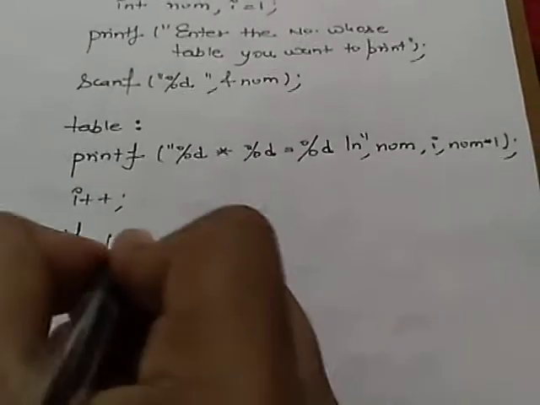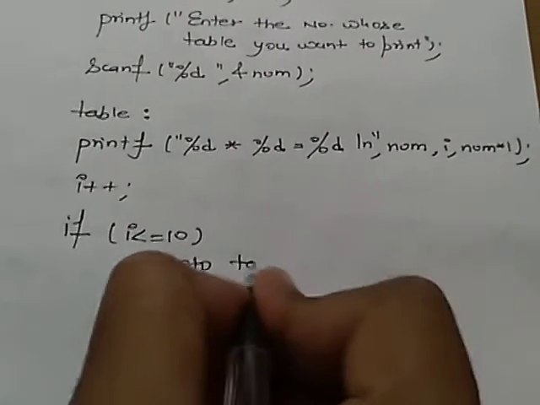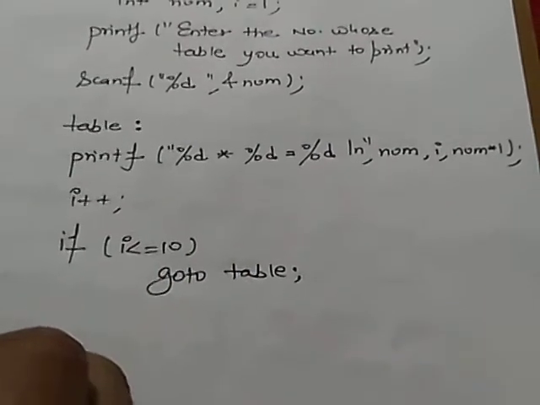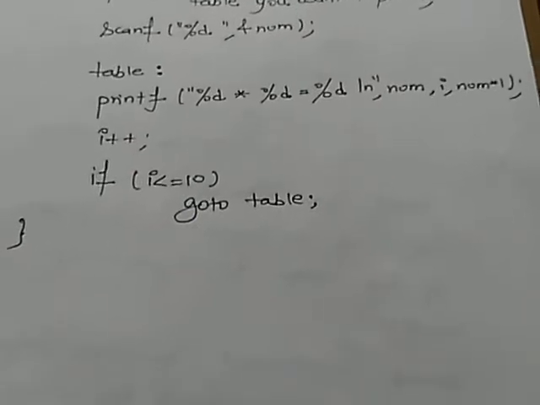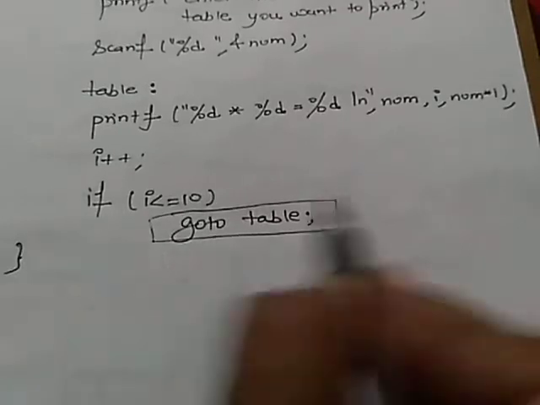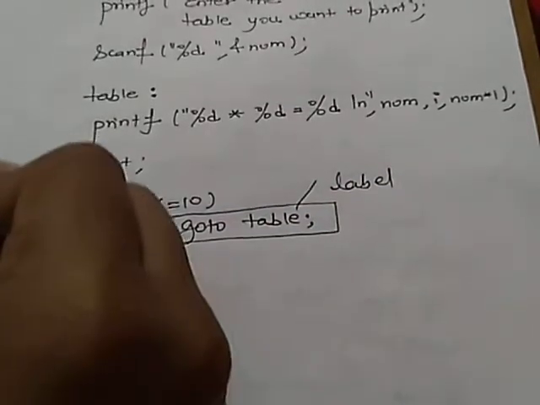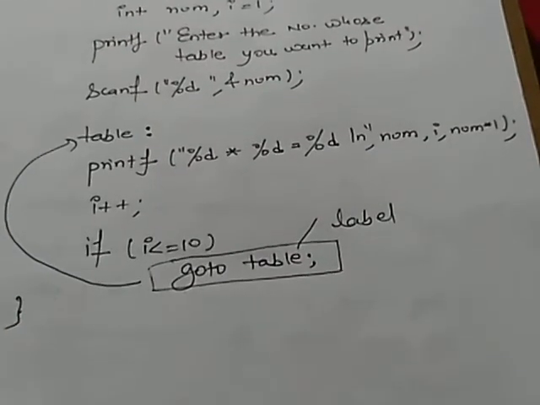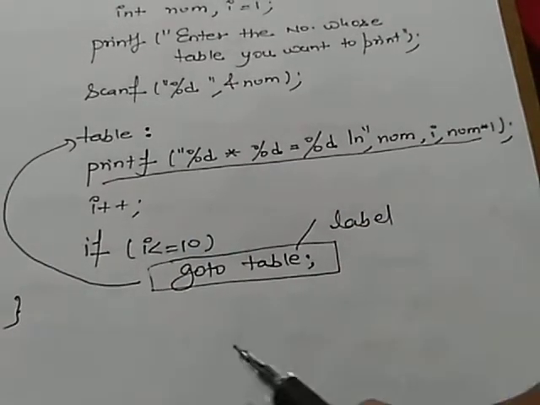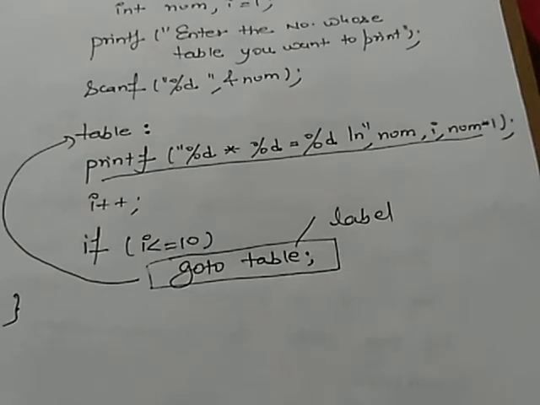If i is less than or equal to 10, then goto table. So this is the goto statement and this is the label. The control will transfer to the label and this part will be executed and you will get the desired table of a particular number.